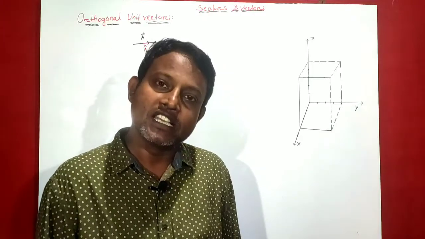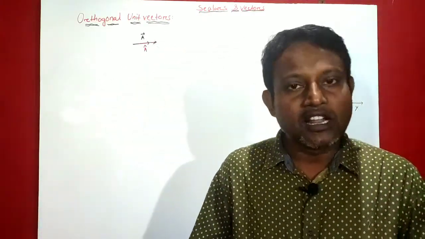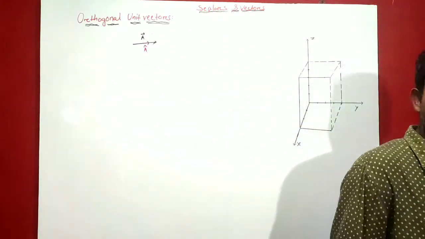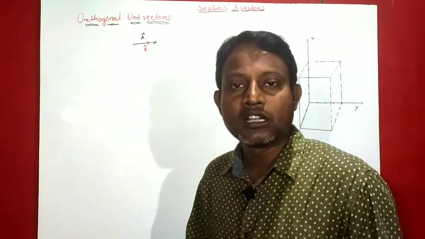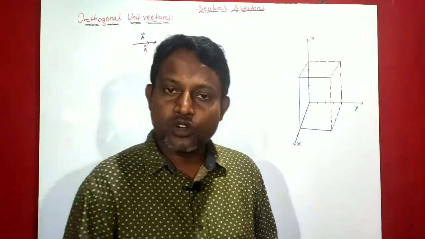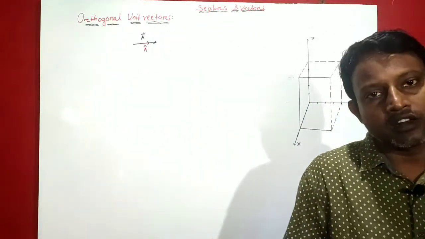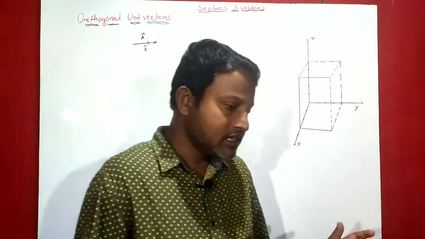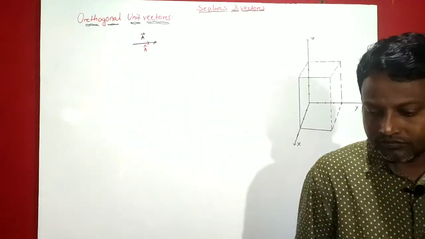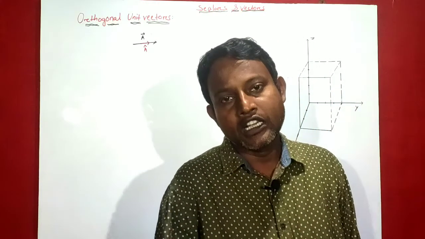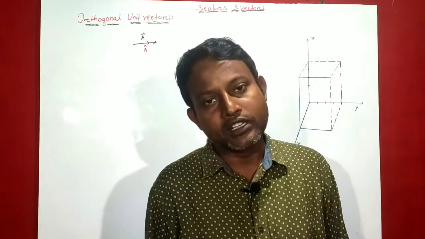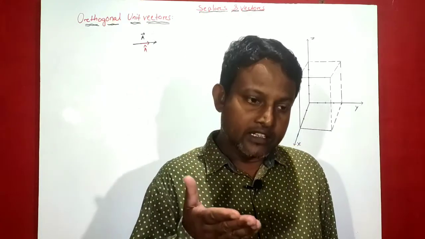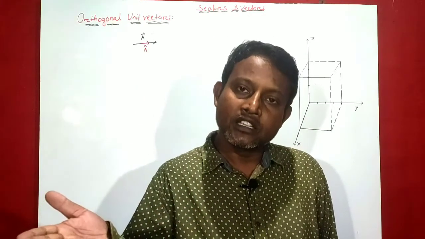Today we will discuss orthogonal unit vector. Guys, what is orthogonal unit vector? Ortho means mutually perpendicular. Unit vector, as we know, every vector has a unit vector. The vector having one unit magnitude along the direction of the given vector.